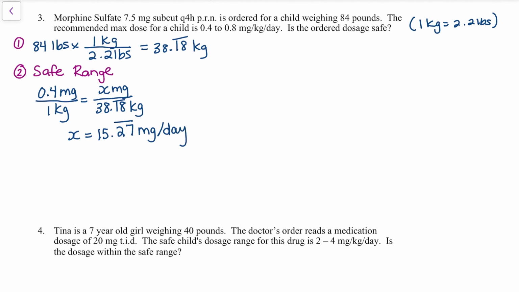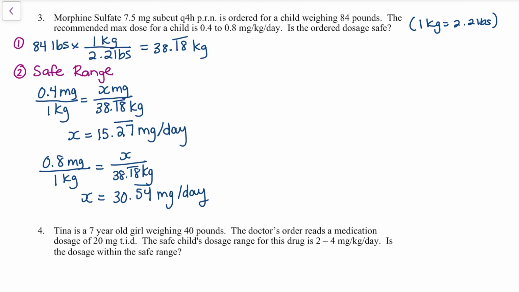The upper range of that is 0.8 milligrams in a kilogram. So I get x equals 30.545454 milligrams per day.